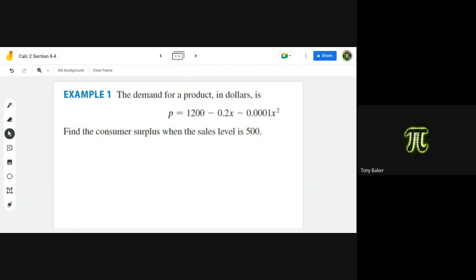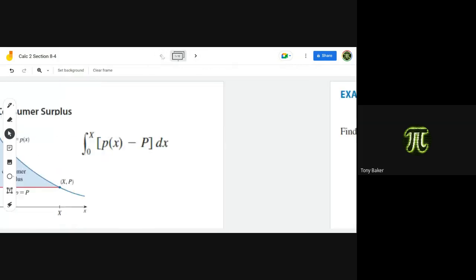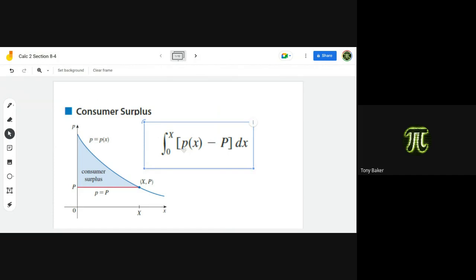So we want to figure out the consumer surplus when the sales level is 500. Basically it means they're selling 500 of these products. So let me copy this over.